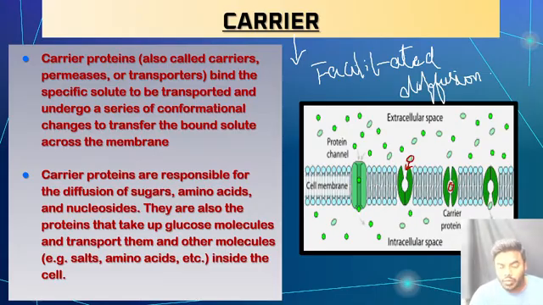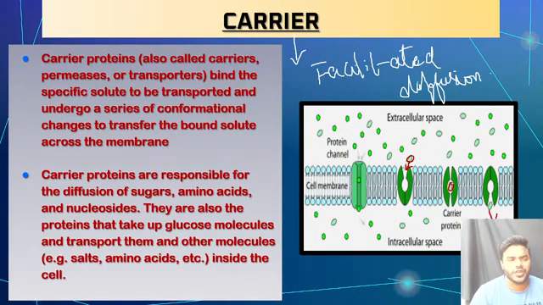The moment it associates with the binding site, immediately the carrier undergoes a conformational change, a structural change. Because of this, the carrier gets opened. Very simple point. Once the carrier opens, the ion or molecule enters inside.